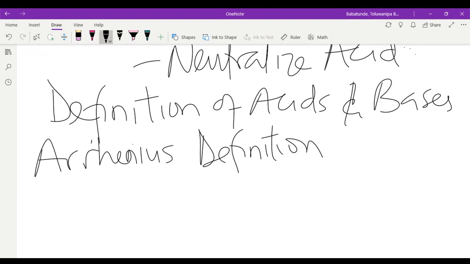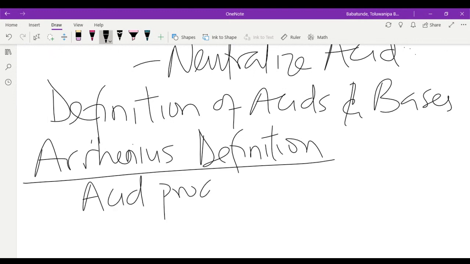According to Arrhenius, an acid produces hydrogen ion in solution.